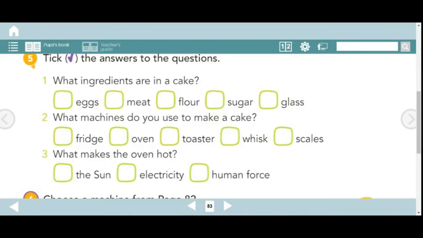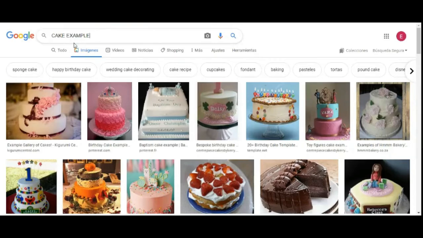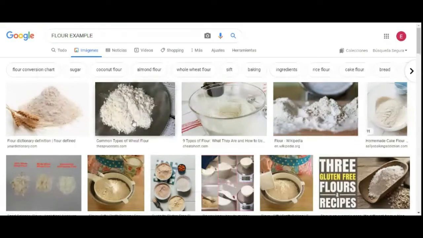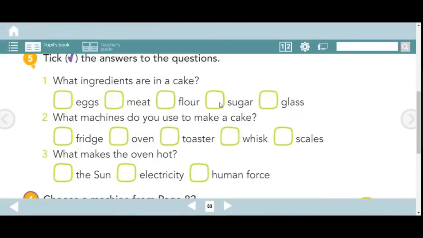If we can find flour, I will show you what flour is. This is white. Ask your mother. Sugar. Do you think that we need sugar? If yes, tick. And glass, if you need a glass or some glasses, ask your mother. But they are talking about ingredients. So you can tick more than one or any of them. If we need eggs, tick. If we need meat, sorry, flour, sugar, or glass.